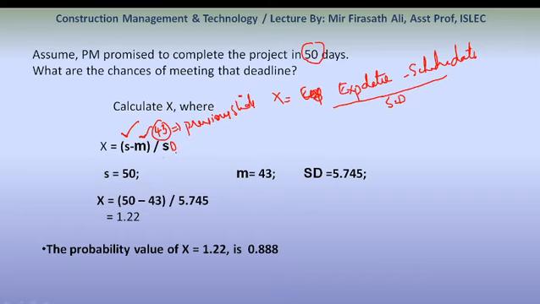The standard deviation is 5.745. If we substitute this, x is equal to (50 minus 43) divided by 5.745, and we get the value as 1.22.